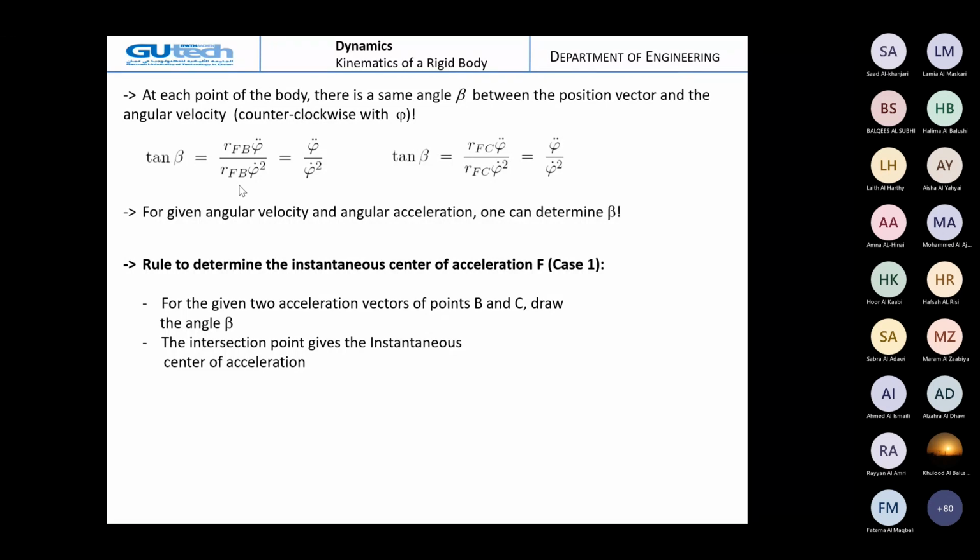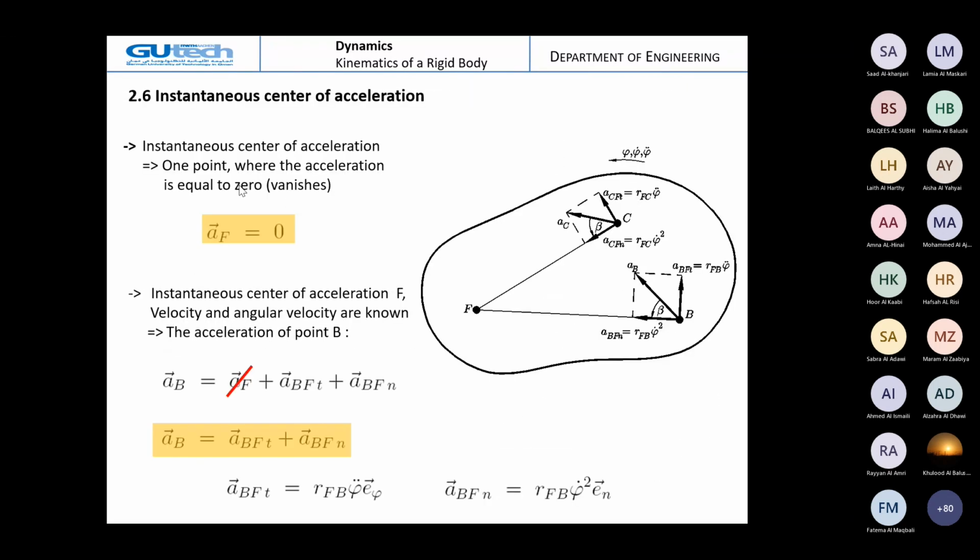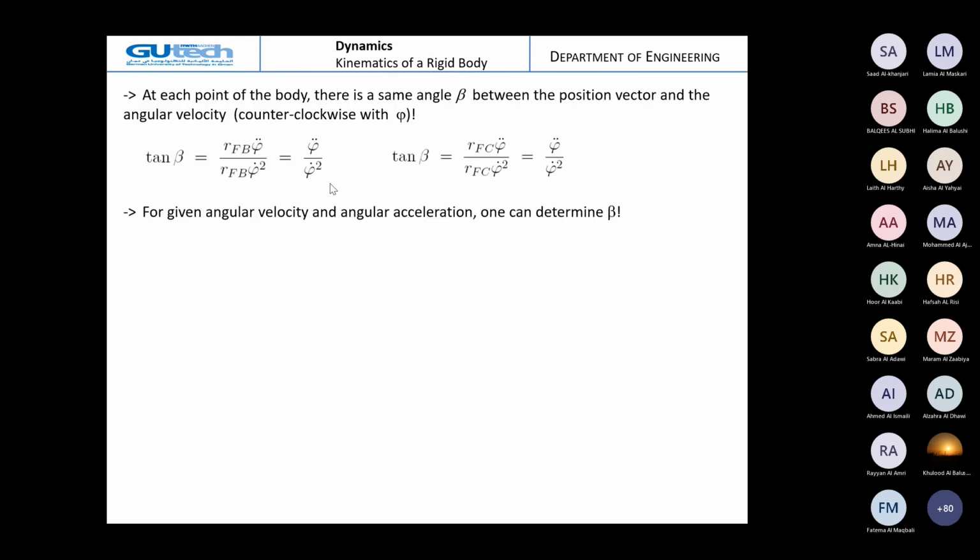If we look now at tangent beta, it's only this part, which is the vector ACFT, divided by ACF, and then we have RFB phi dot dot divided by RFB phi dot squared.